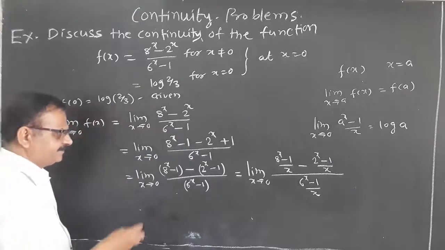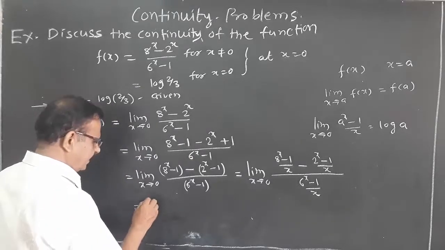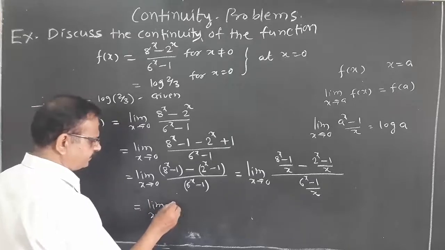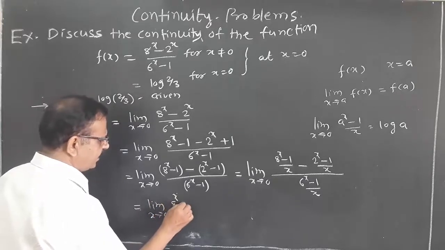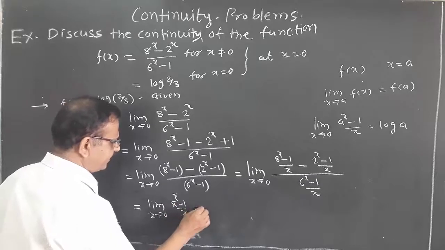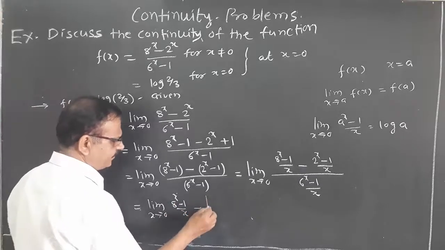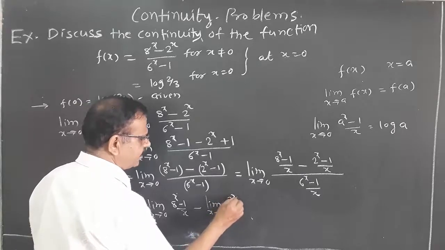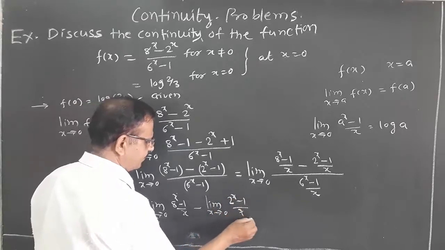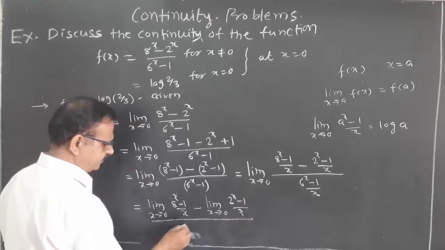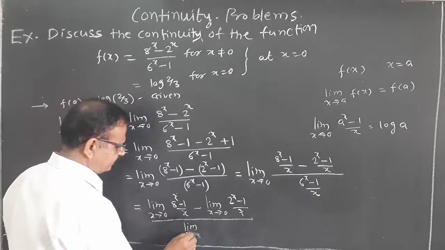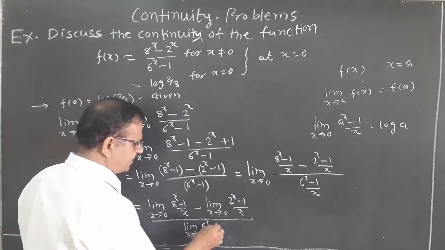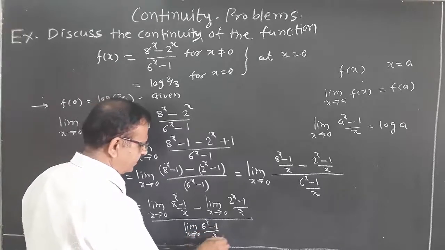That can be written as limit x tends to 0 of (8^x minus 1)/x minus limit x tends to 0 of (2^x minus 1)/x, divided by limit x tends to 0 of (6^x minus 1)/x.